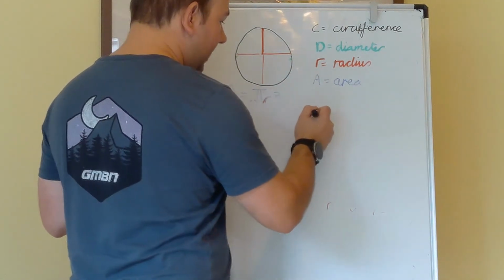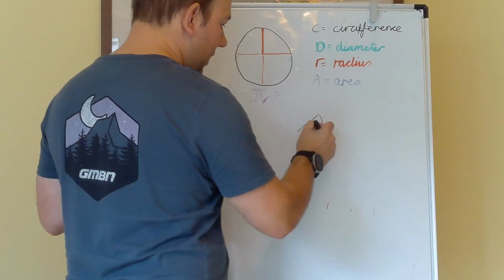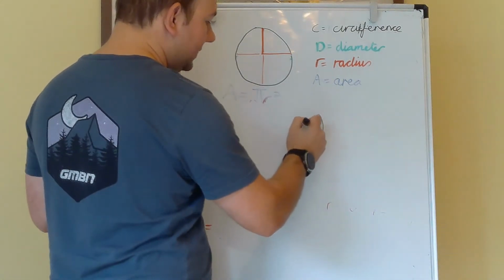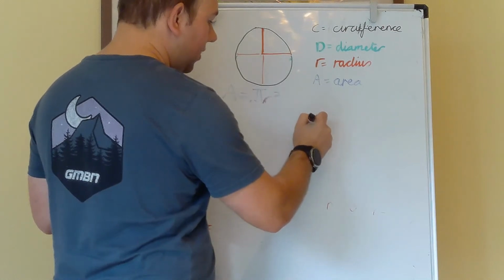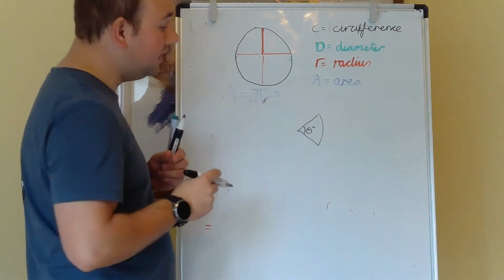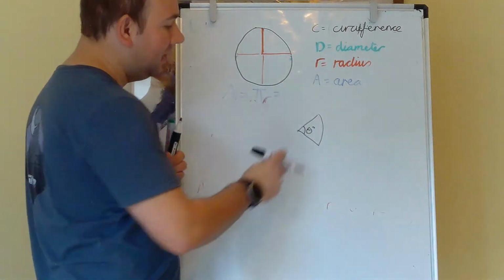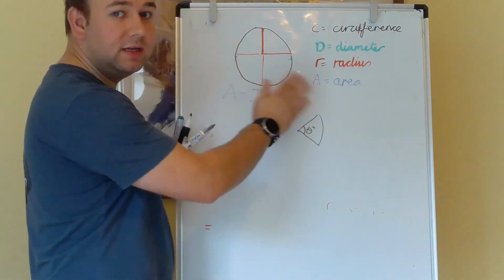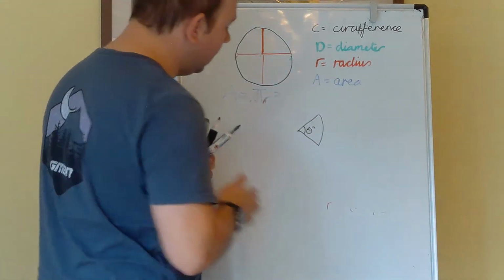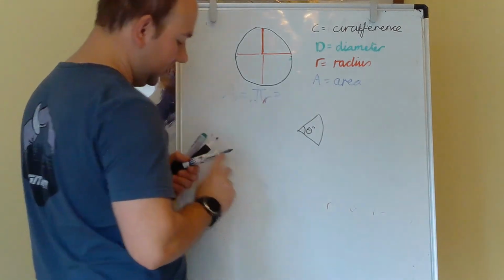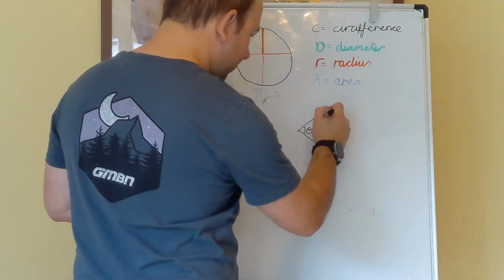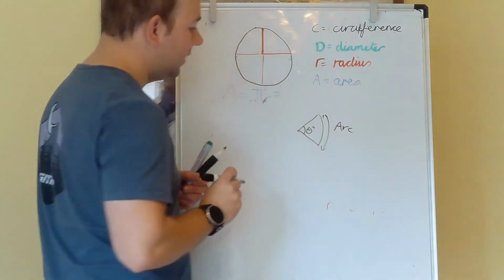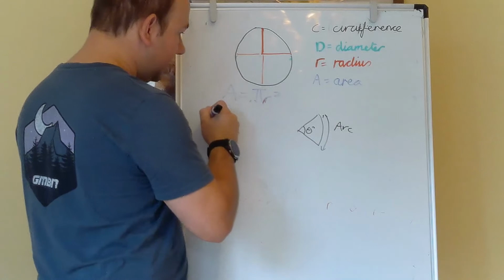So let's say you had a section of a circle which has an angle of, let's call it theta degrees, and you wanted to find, let's say, the circumference, the arc. A section of the circumference is called an arc. So let's calculate the arc here. This distance here is called the arc.